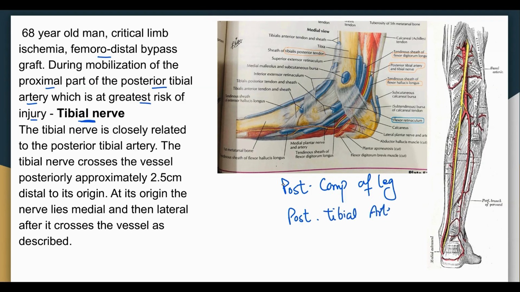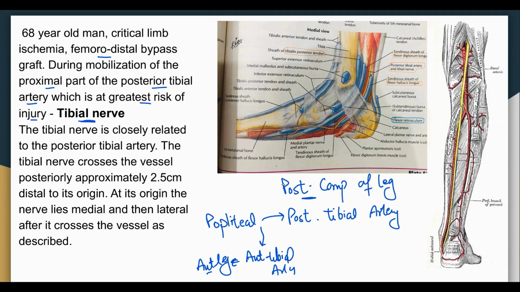This posterior tibial artery is given off as one of the branches from the popliteal artery, which also gives off the anterior tibial artery. The anterior tibial artery supplies the anterior compartment of the leg, and the posterior tibial artery supplies the posterior compartment of the leg.